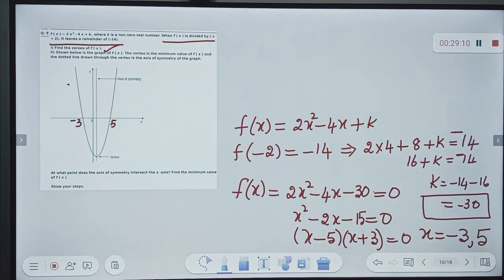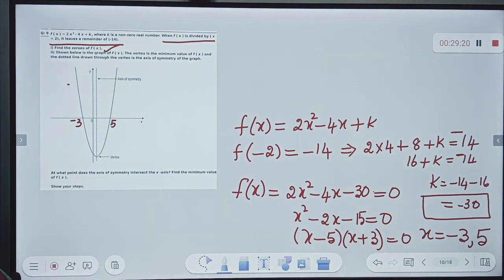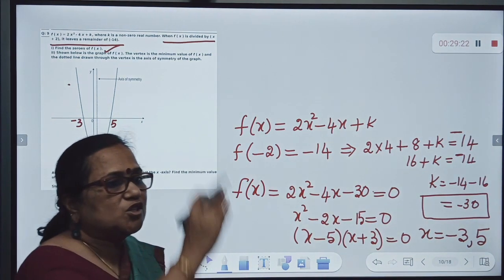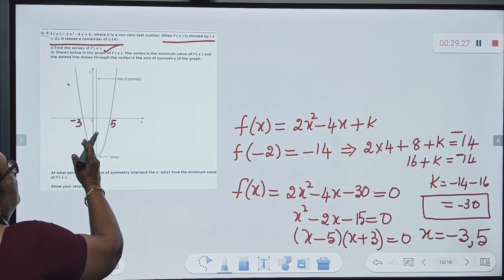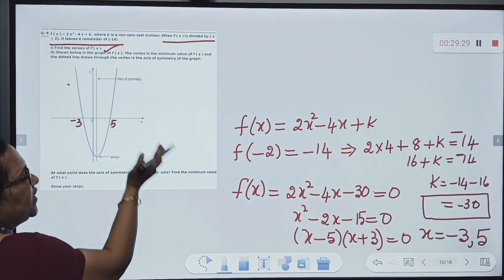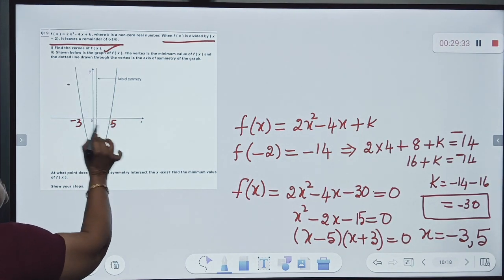The second one shown below is a graph of f of x. The vertex is the minimum value of f of x and the dotted line through the vertex is the axis of symmetry. What do you mean by axis of symmetry? It is like a line, as if you have a mirror here, then this will be the mirror image of the other. So this will actually pass through the midpoint of minus 3 and 5.